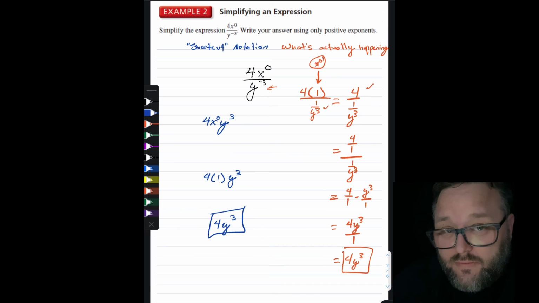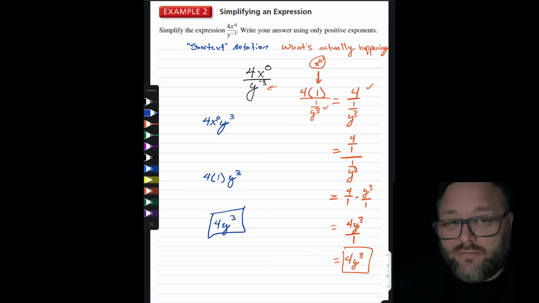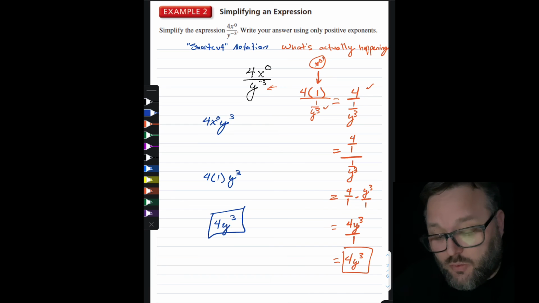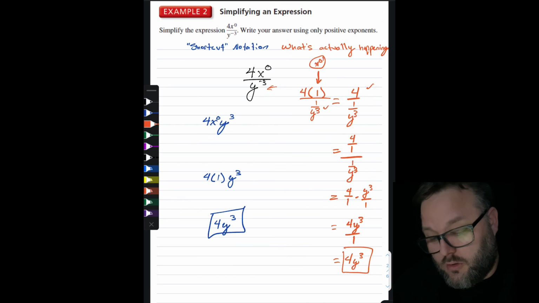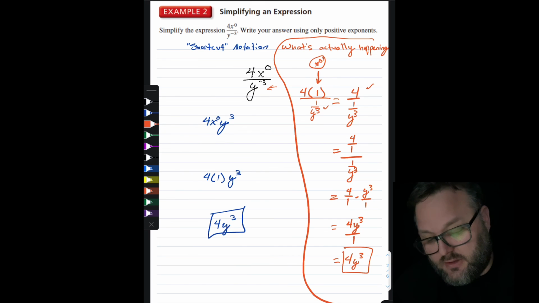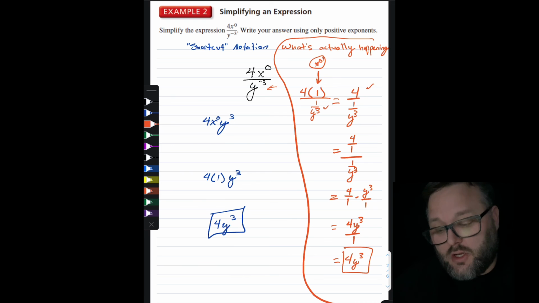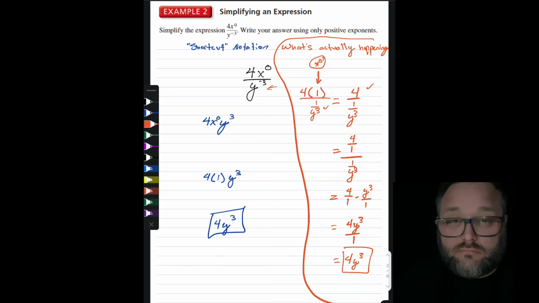And how you would have done it might have looked a little bit different. And to me, that's kind of the beauty of math, is we all get to make it our own. We all get to make it individual as long as we all know what's in orange. We all have to know this. We can then start making our own shortcut notations. Okay?